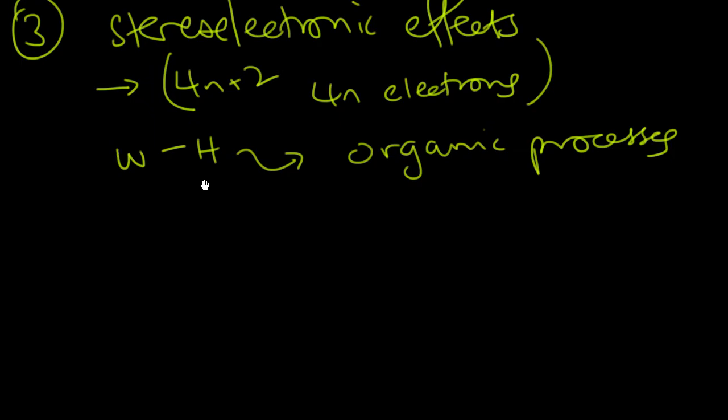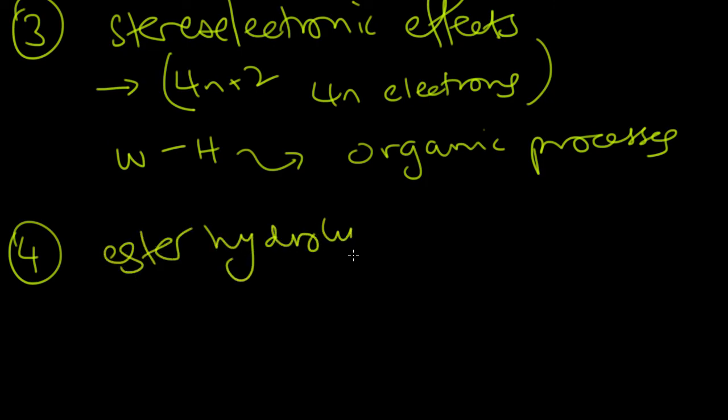The final thing that I forgot to mention, which I'm going to cover in its own section as part of physical organic chemistry, is ester hydrolysis. Of course, we know that there are acid and base hydrolysis, but there are different types actually of acid and base hydrolysis of an ester.